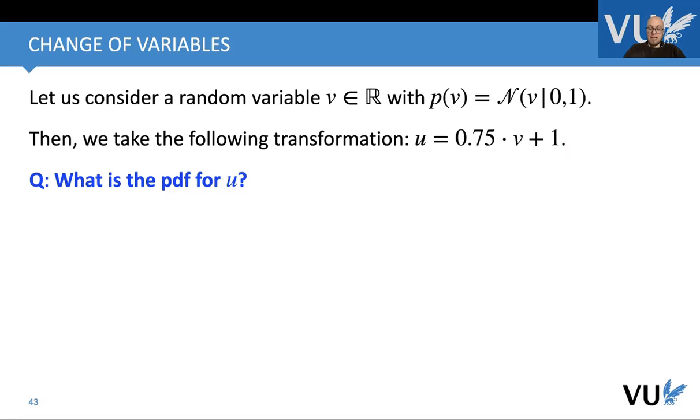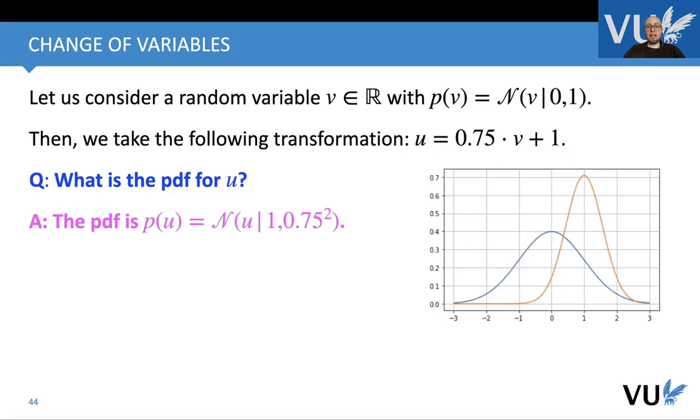And I can give you straight away the answer. This is again a Gaussian, but with mean 1 and variance 0.75 squared. The blue one is the standard Gaussian, and this is the new distribution, right?